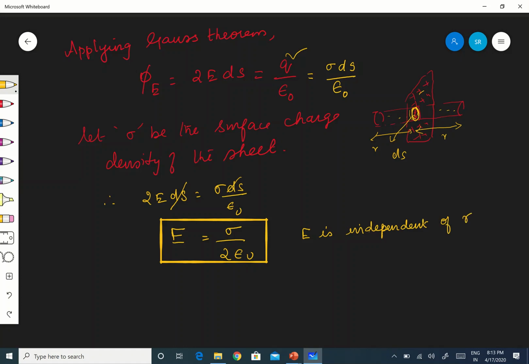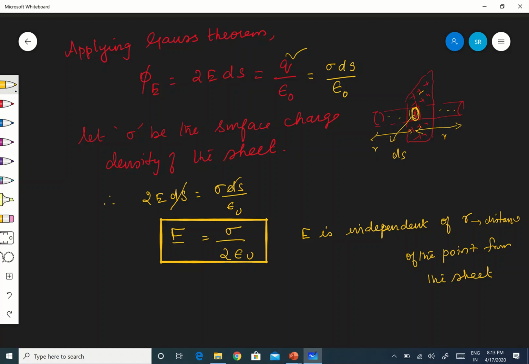R is nothing but the distance of the point from the sheet. Are you following? So, it is independent of R.